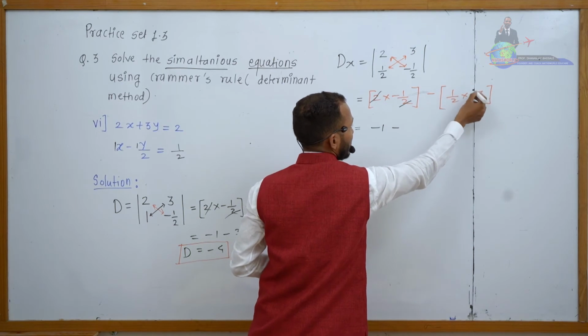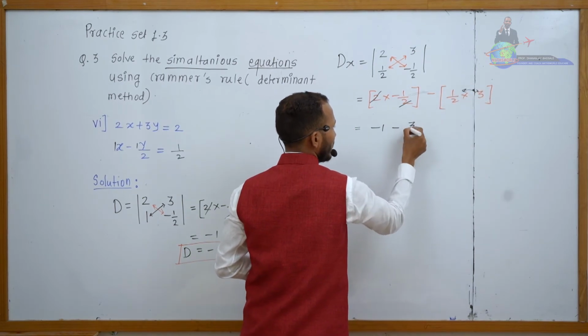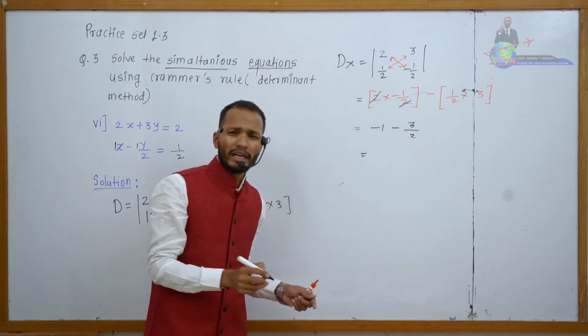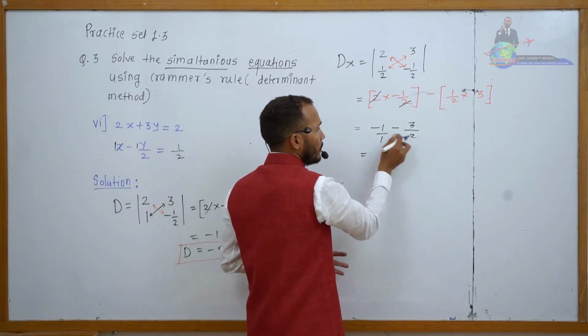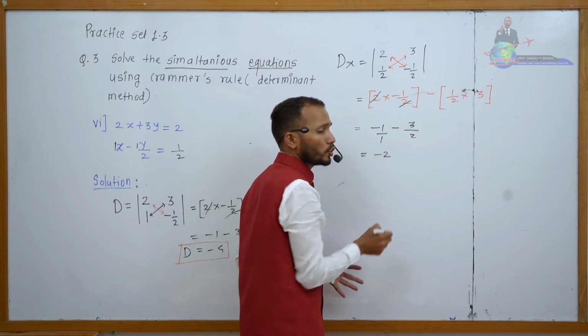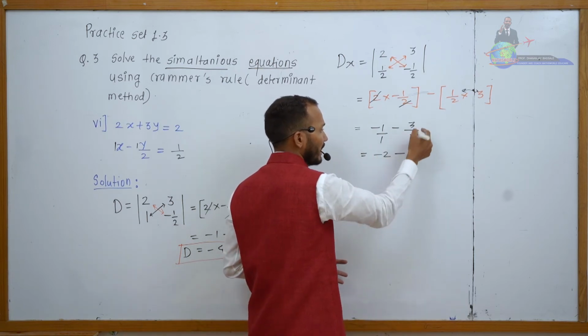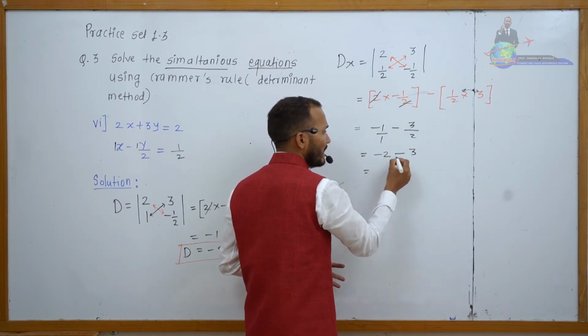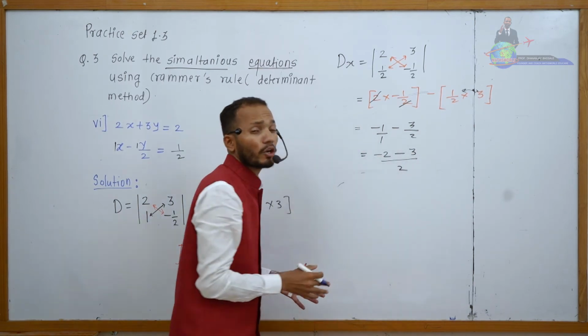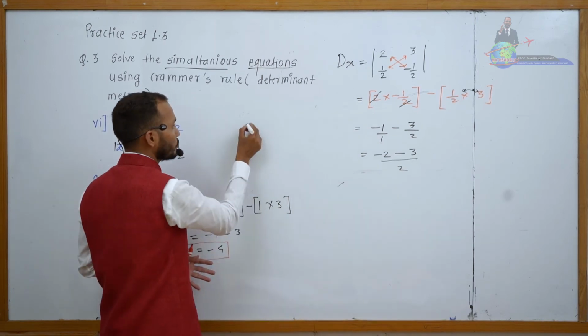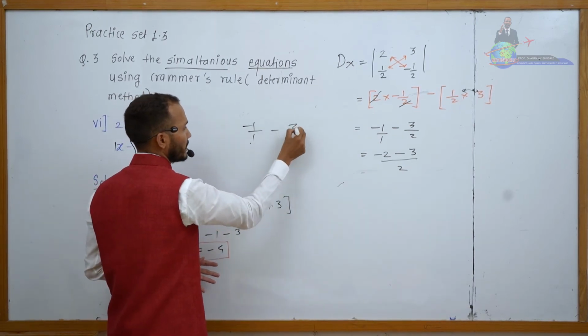Multiplication is 1 into 3 is 3, divided by 2. Student, do the cross multiplication here now. Denominator is 1. 2 into minus 1 is minus 2. Middle sign is minus and 1 into 3 is 3. Denominator 1 into 2 is 2. Here we use the cross multiply. What is the cross multiply? Minus 1 by 1 and minus 3 by 2.